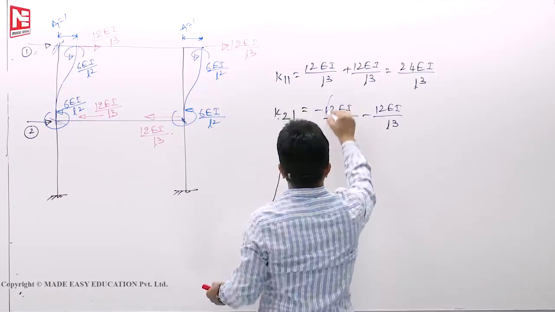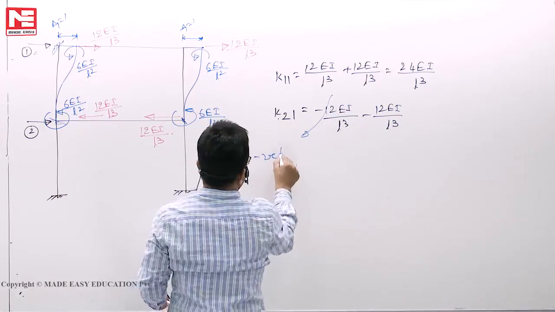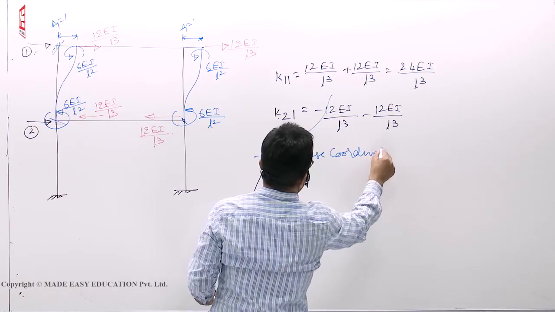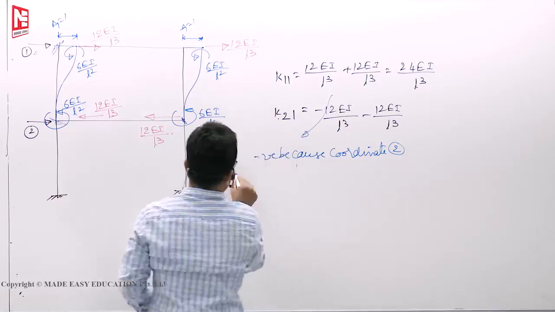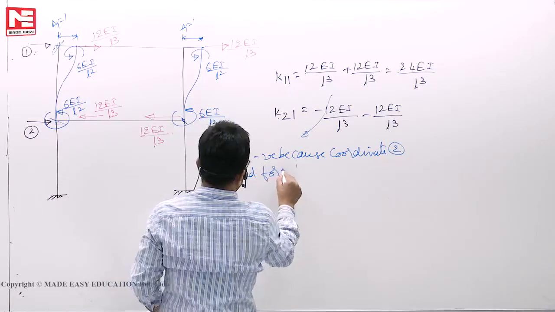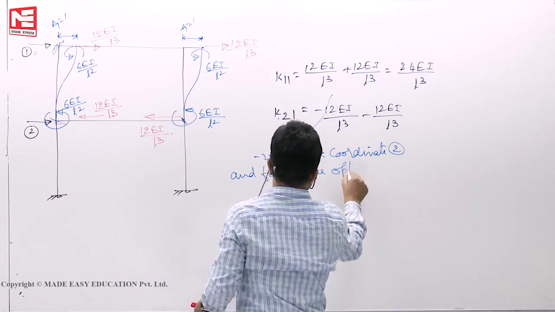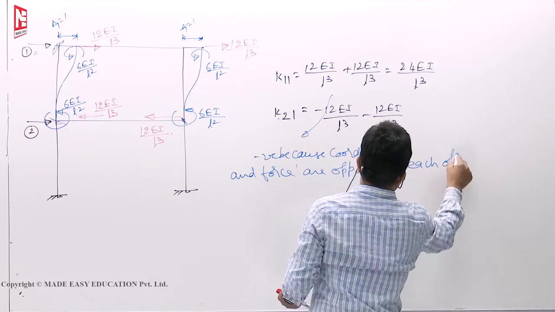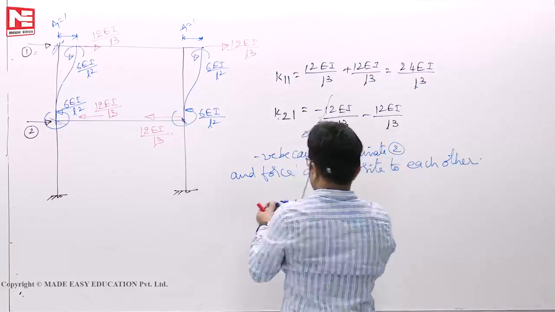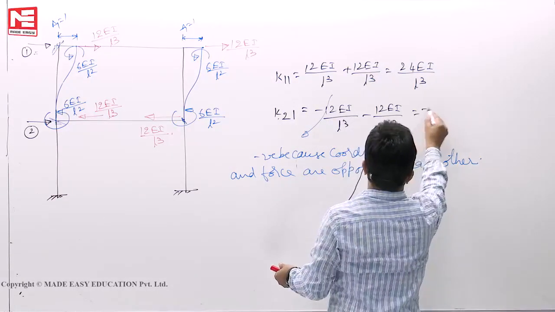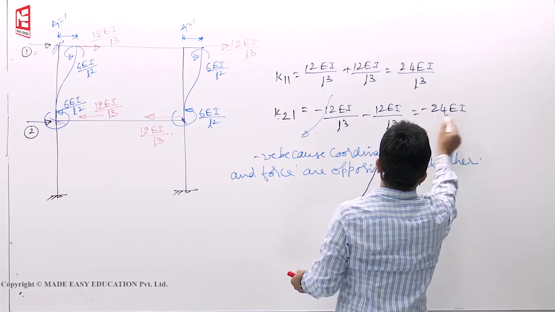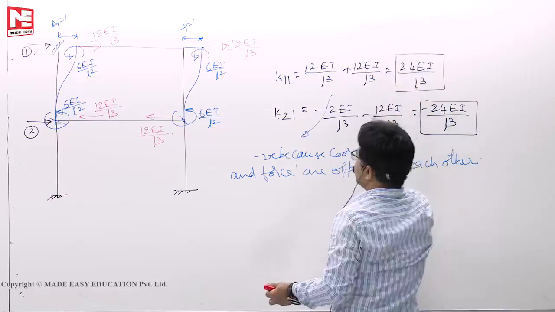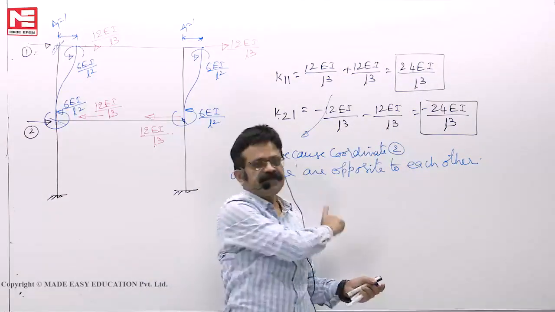Negative because coordinate 2 and force are opposite to each other. So you will get minus 24 EI by L cube. This is plus 24 EI by L cube. This is the first column.